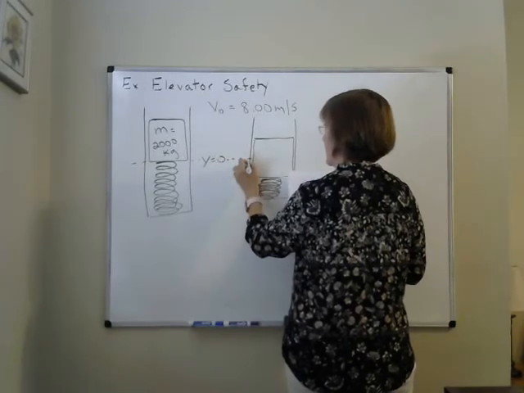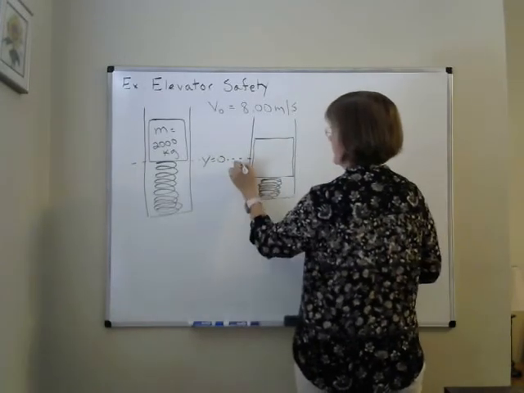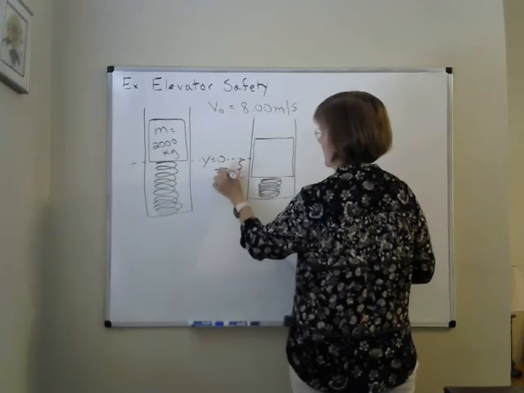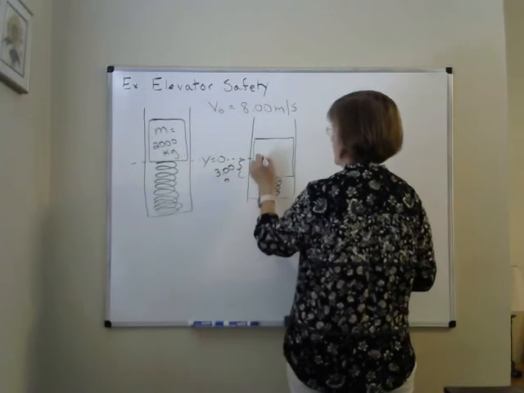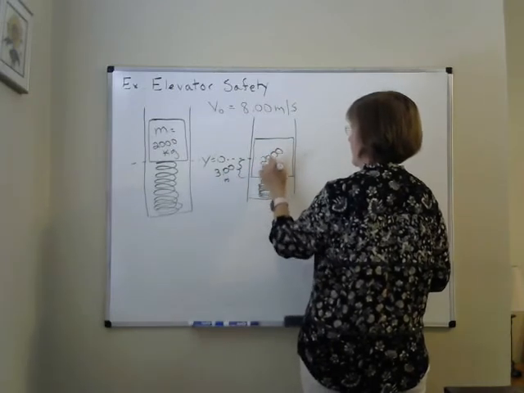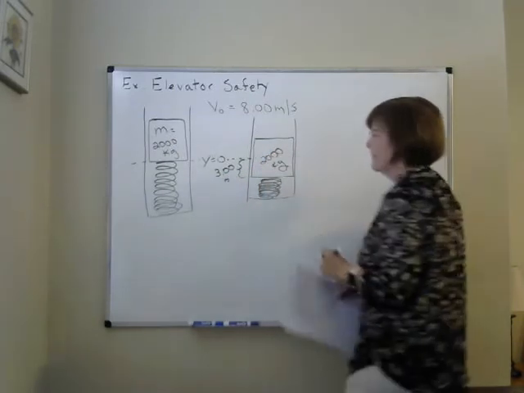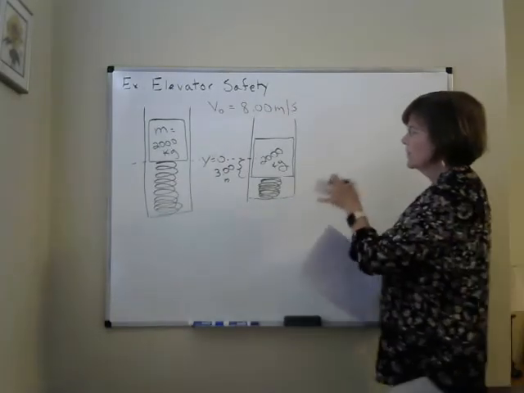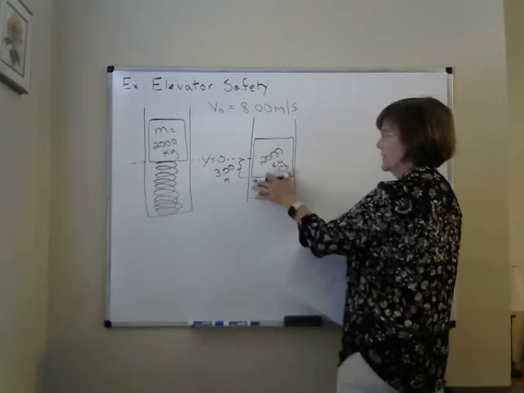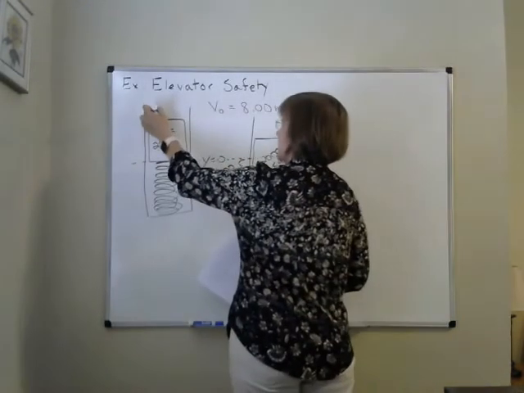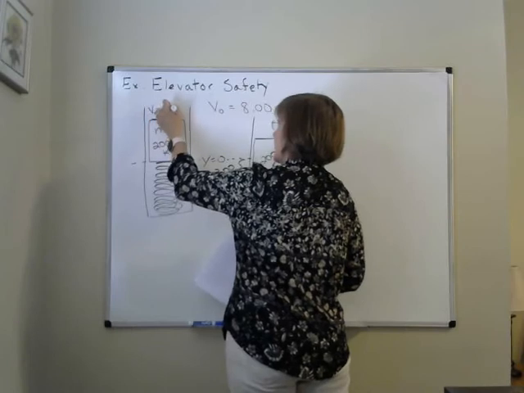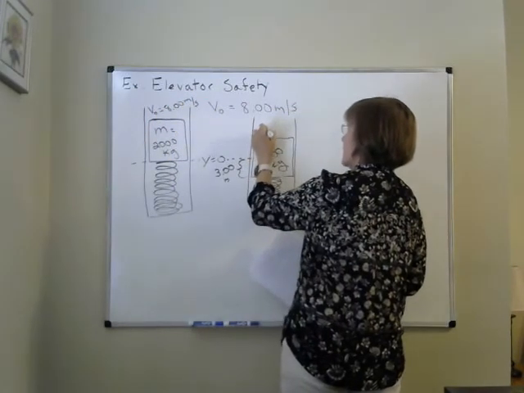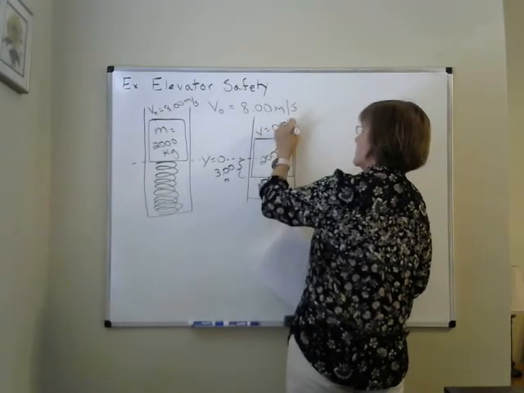So this distance that it compresses from here to here was 3 meters. This is our 2,000 kilogram. At this point, we know it stopped. So this right here, this is V0, it's going 8 meters per second. Right here, this is sort of our final, it's going 0 meters per second.